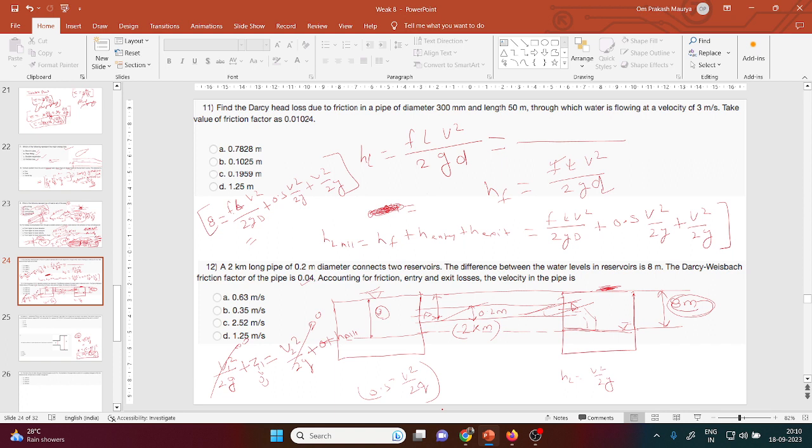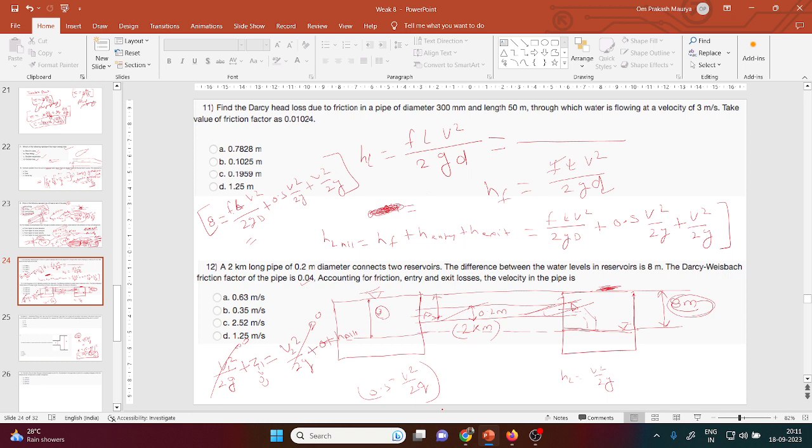Yes, okay. So for that you need to calculate the velocity. f you will put here 0.04, and L is given as 2 meter, 2 kilometer actually, and velocity is unknown, and g is 9.81.